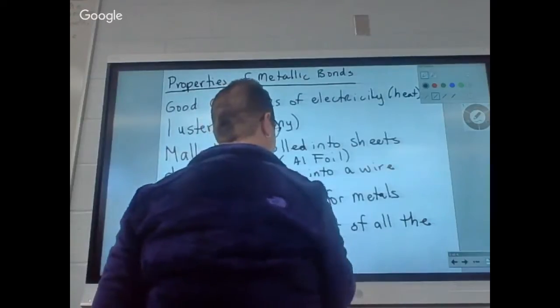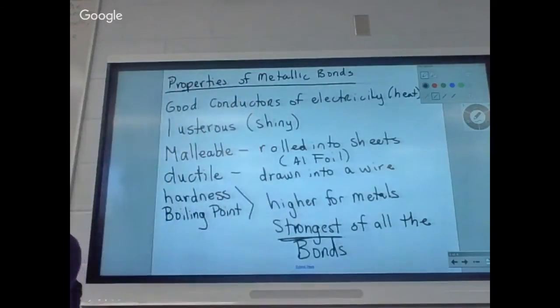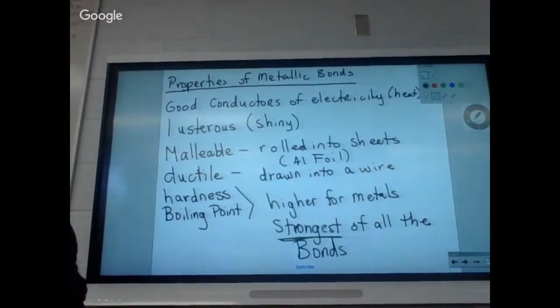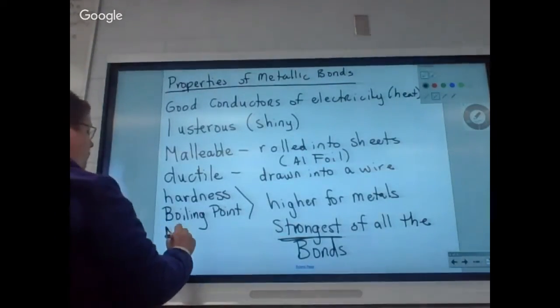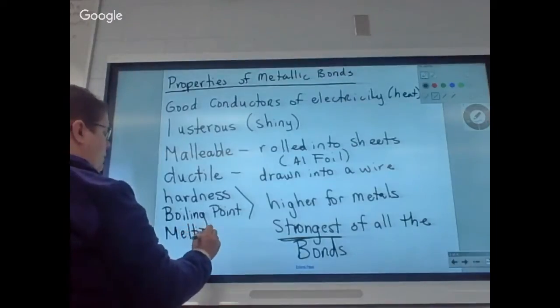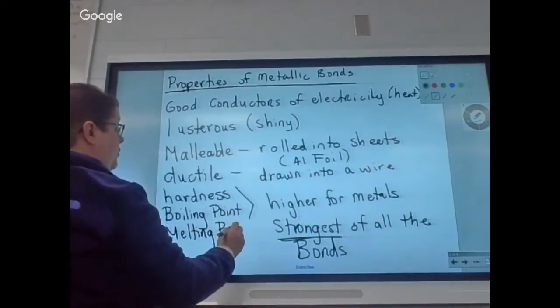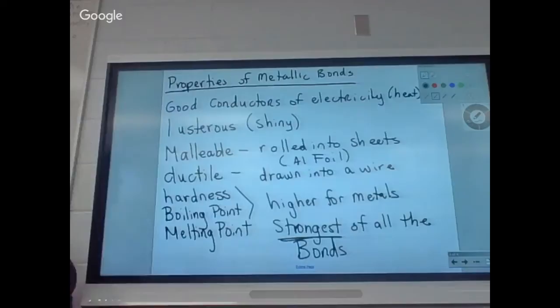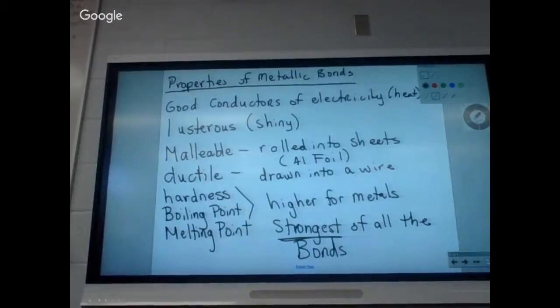So when we talk about how hard something is or its boiling point, and we could even include melting point here, it's going to be higher than an ionic compound or a covalent compound because its bond is the strongest of everybody's. Okay? Does that make sense?